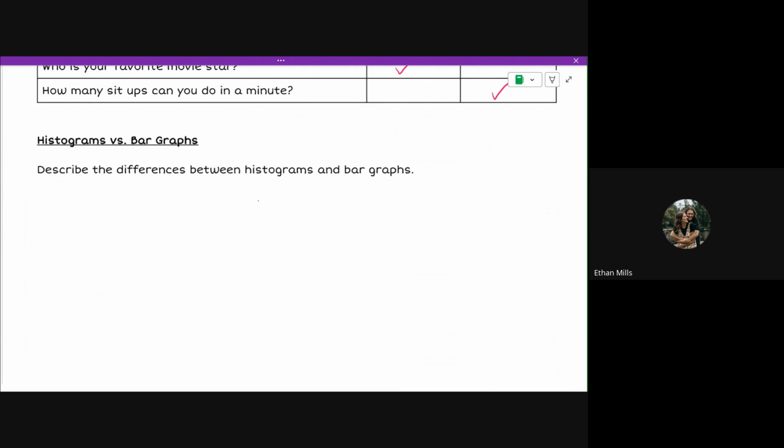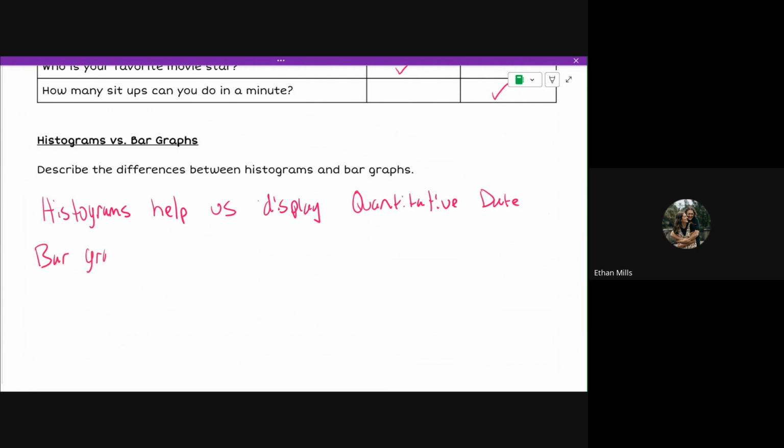So I'm going to say histograms help us display quantitative data. And then I'm going to say bar graphs help us display the opposite. Not the opposite, sorry. They help us display categorical data.